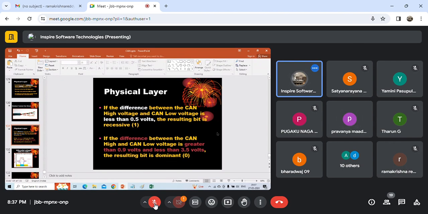Because of noise or some other thing, a level near 0.5 could go to 0.55. If you don't have this gap, there is a chance that a 0 bit is considered as a 1 bit because of the noise. So they want to avoid that possible error in the physical layer. In order to avoid that, they have provided a gap of 0.4 volts. Did you understand the logic?